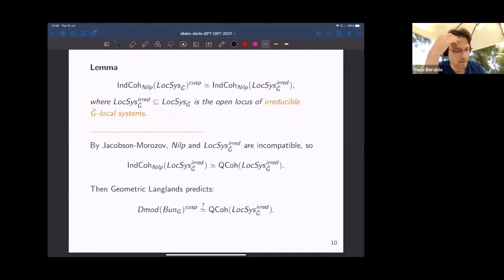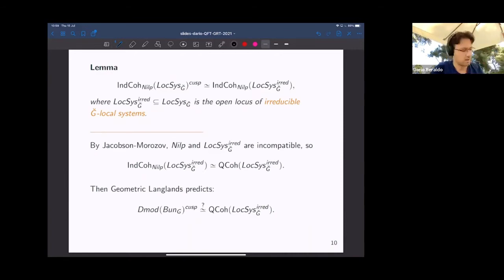That's a local system and a horizontal section of the Lie algebra bundle. But this horizontal section of the Lie algebra bundle immediately gives a reduction to a parabolic. So immediately it gives a subvector bundle preserved by the connection. So that means that this global section must be 0.